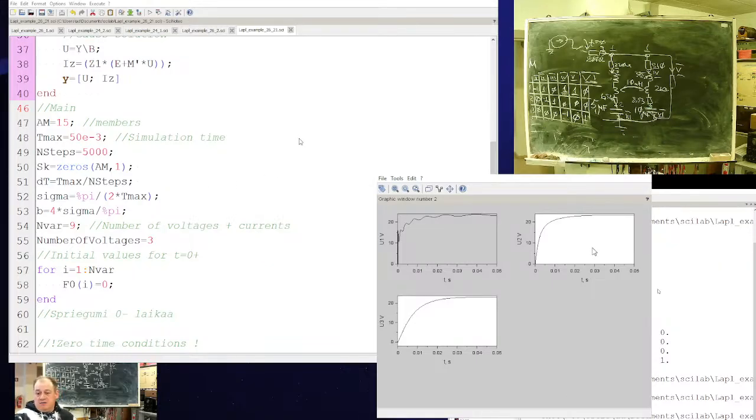Let's see them in reality. This appears to be my very nice set of voltages.